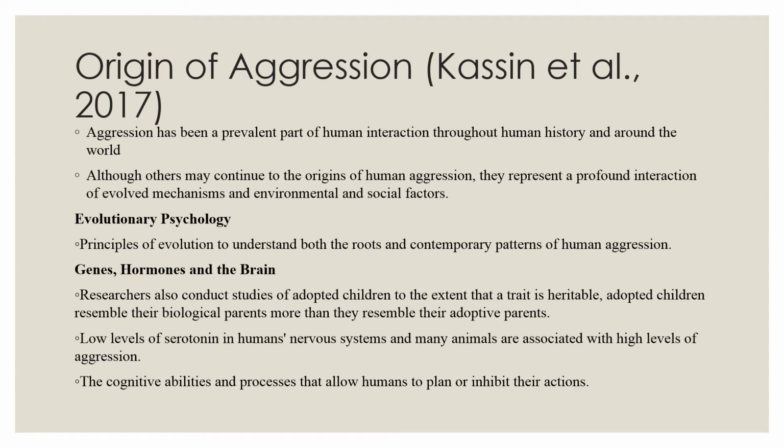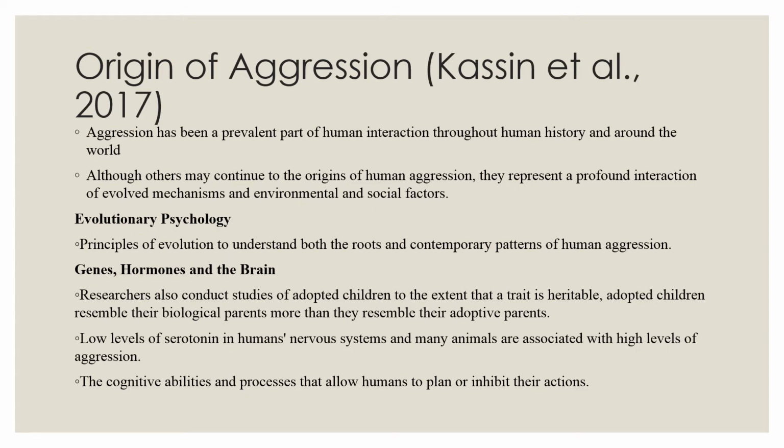For example, researchers conduct studies of adopted children, and the adopted children resemble their biological parents more than they resemble their adopted parents. So each of the traits could also be caused by their biological parents.